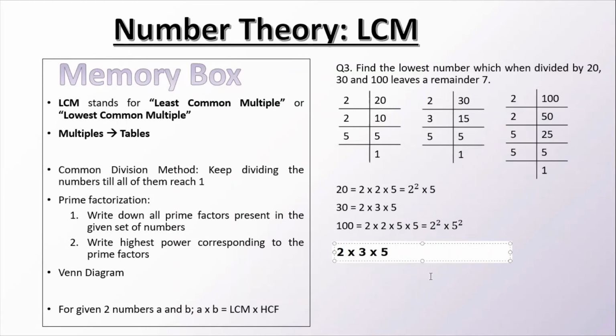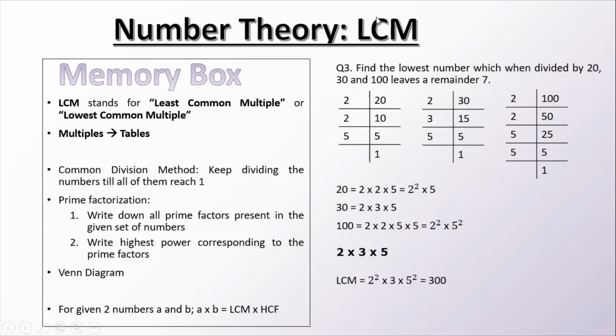The next step after this is to write down the highest powers of 2, 3 and 5 from the given set of numbers, and one can easily note that the highest power of 2 available is 2 raised to 2, the highest power of 3 available is 3 raised to 1, and the highest power of 5 available is 5 raised to 2. So simply put, the LCM can be written as 2 raised to 2 into 3 into 5 square, which is equal to 300.